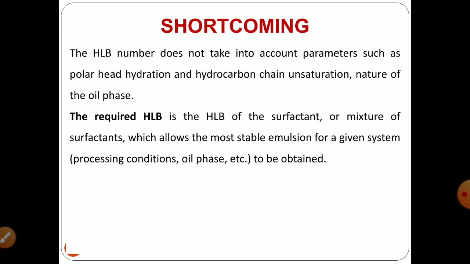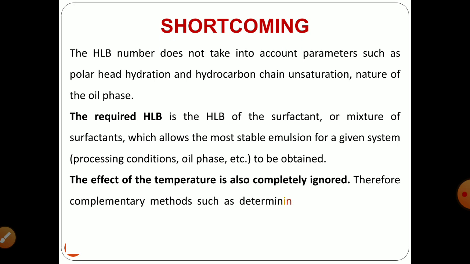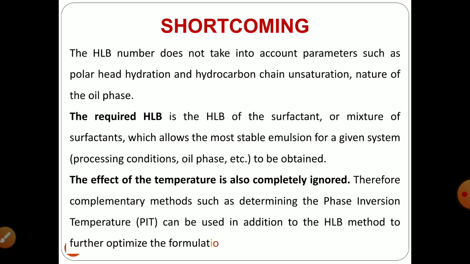This required HLB value corresponds to the maximum stability of the emulsion, which is the HLB of your surfactant, or of a mixture of surfactants responsible for producing stability for a given system. In the same way, the second thing neglected during the calculation is phase inversion temperature. The effect of temperature is completely ignored when determining the HLB value.